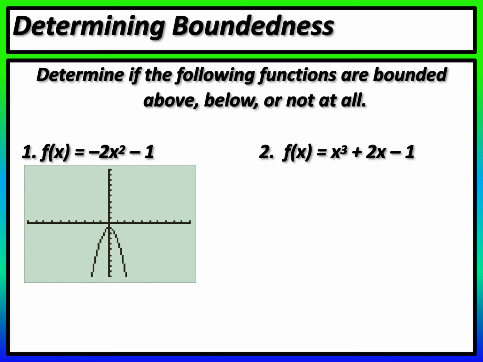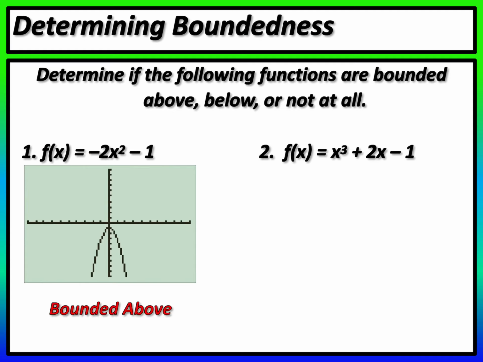So that is what your graph would look like. It's pointing downward. So is this graph being bounded anywhere? Is it being stopped? You could also think, does it have a floor or a ceiling to the graph? And that'll help you determine boundedness as well.